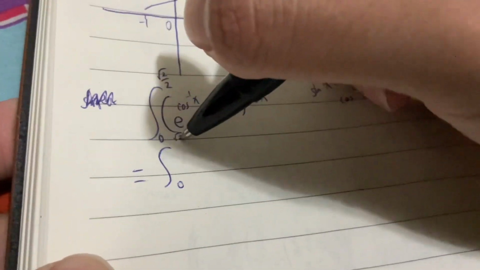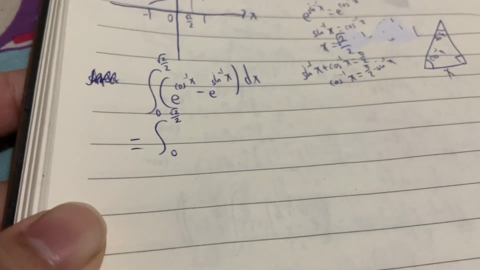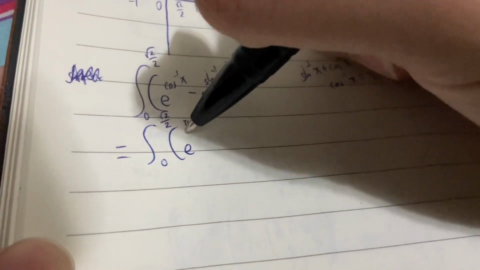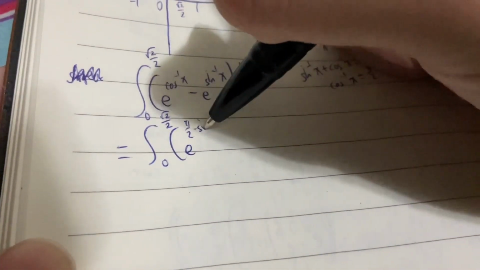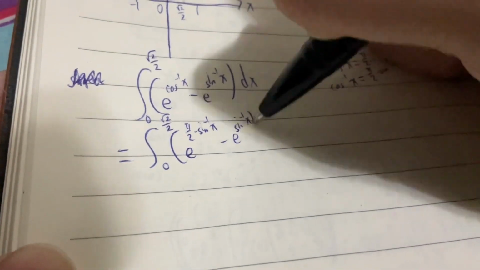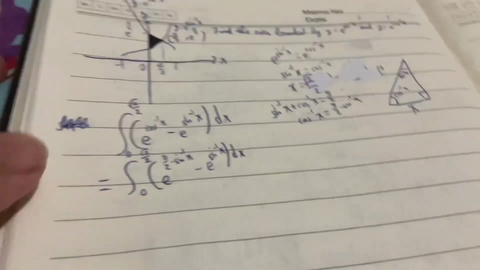So we get the integral from 0 to square root of 2 over 2 of e to the power of pi over 2 minus inverse sine x, minus e to the power of inverse sine x, dx. Here I'm going to use substitution to help us.